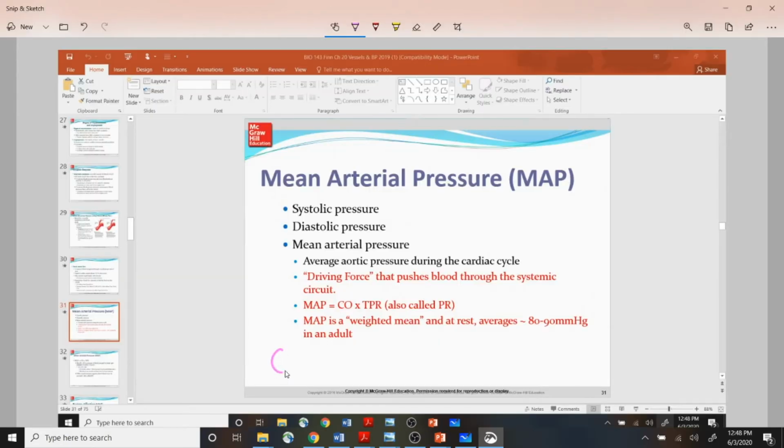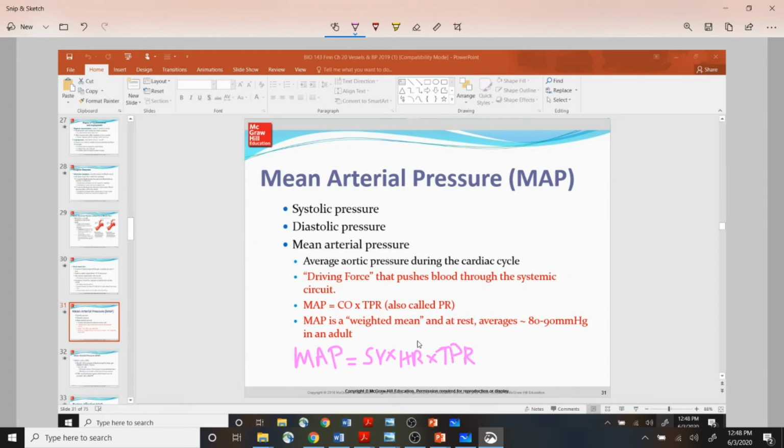I can rewrite and expand this equation: if I know cardiac output equals stroke volume times heart rate, I can write the whole equation out as stroke volume times heart rate times total peripheral resistance, which we're going to talk about.